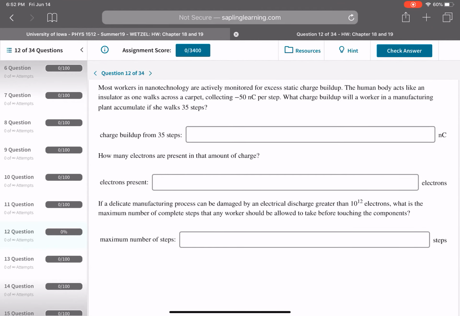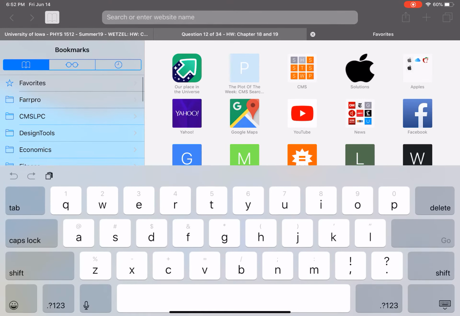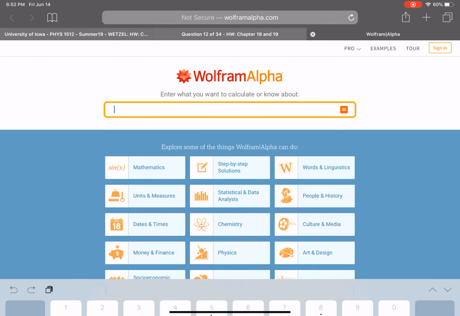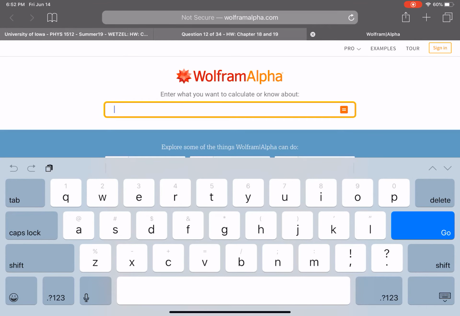So you're going to have that many nanocoulombs, and then divide by 1.602 times 10 to the minus 19 for that. So for example, we can go to Wolfram Alpha, and I'll show you how to do this: 50 nanocoulombs times 35 steps, okay?